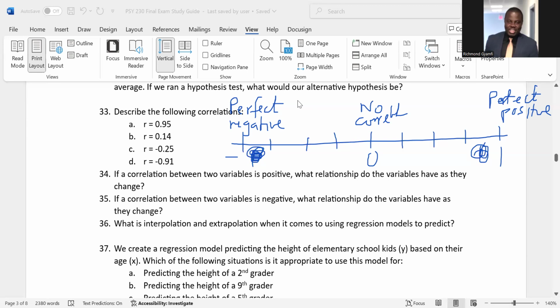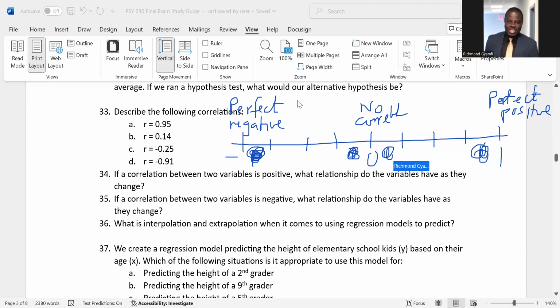Why? Because it's almost at +1. Now, if it's here, closer to 0, but on the left of 0, that's a negative. So we're going to say that this is a weak negative. Anything from -0.25 to 0, we're going to say that is a weak negative.